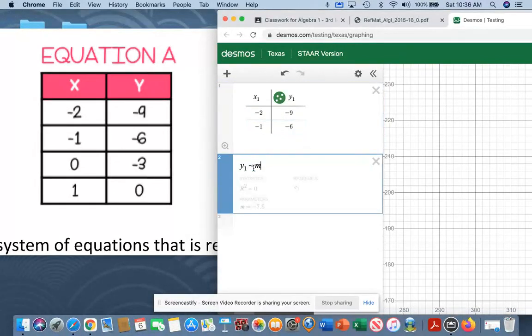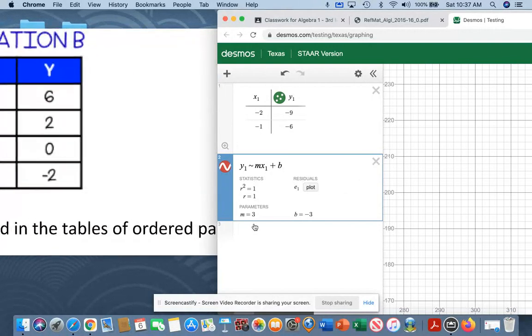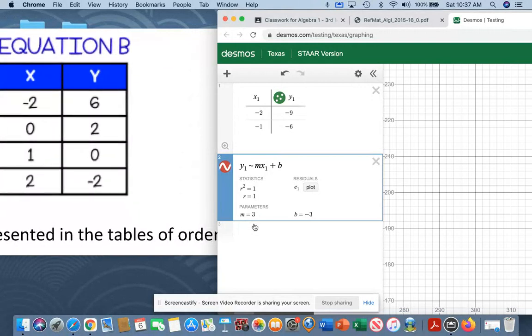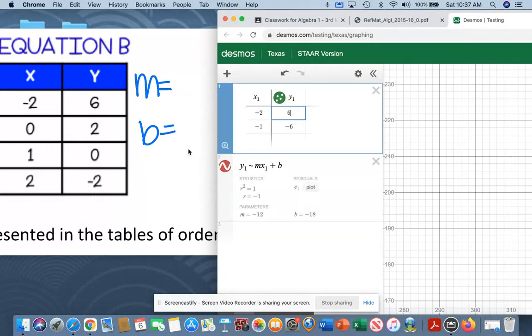Y1 squiggly mx1 plus b, and my m is 3, b is -3. And then while we're over here, let's go ahead and do this guy. I'm just going to change these, -2 gives me out 6, 0 gives me out 2. I'm left with m is -2, b is 2.